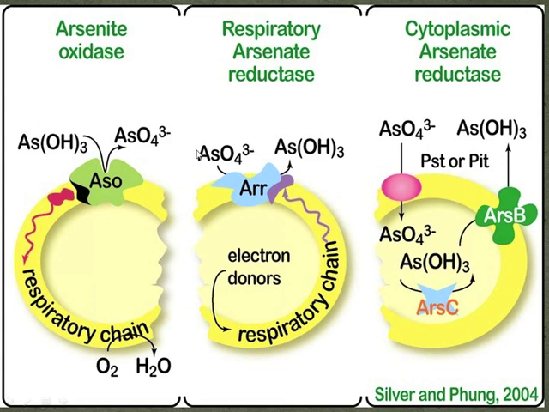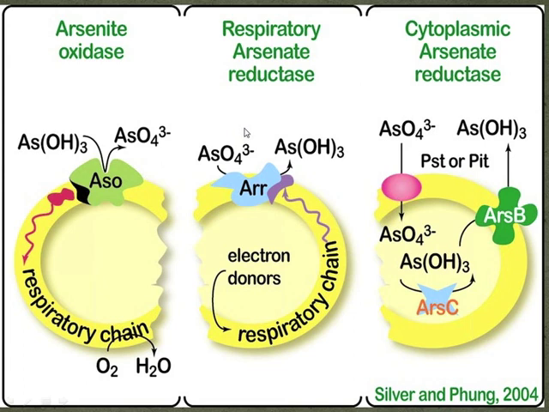For the remainder of this talk, we're going to be a little bit more interested in the latter two examples here. The first one is the operon arr, which encodes for respiratory arsenate reductase.